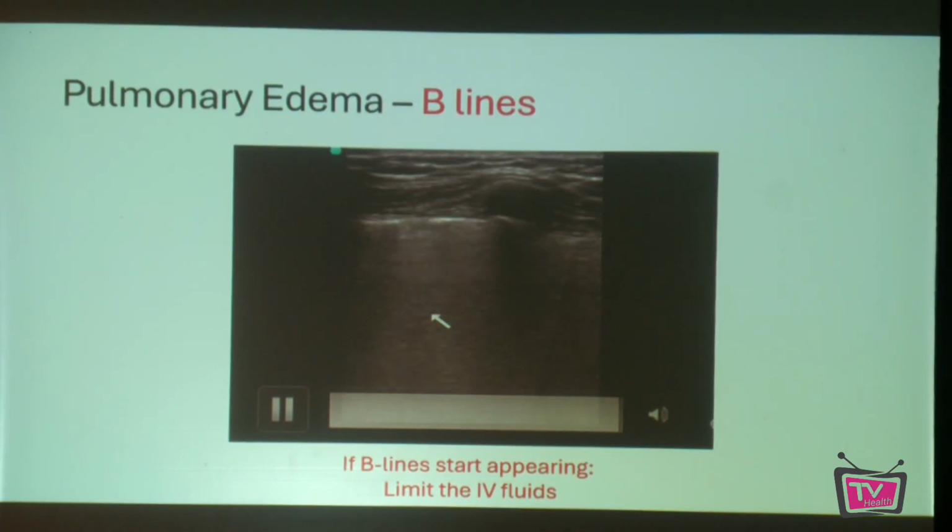So you will normally find B lines there in zone 3, the dependent portions. But if you find B lines laterally and then anteriorly, the most aerated part being anterior, that means it has become a wet lung. So you have given more fluids or you have abused with fluids. That is the meaning of that.